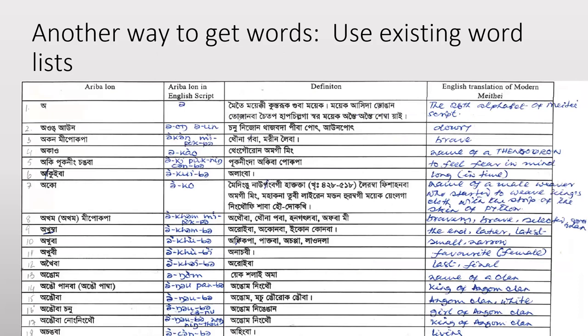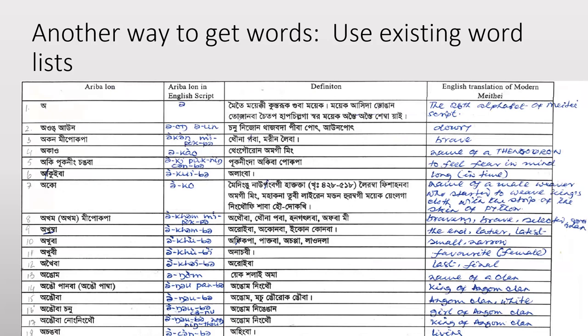And once this particular list that I've, the screen that we're on right here is this using an existing word list, which we discussed last time. This is my example from my work in Manipuri. There's an Aribalon or Old Manipuri dictionary. And so I had that scanned and I created a readable scan of it through that scanning process.